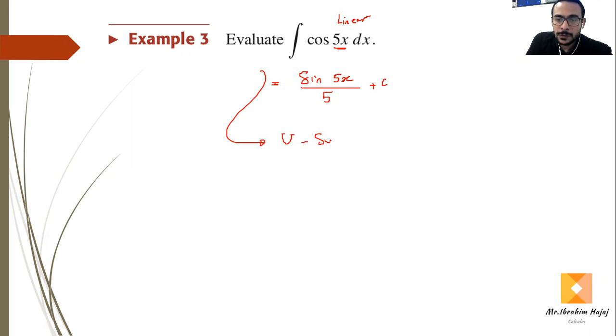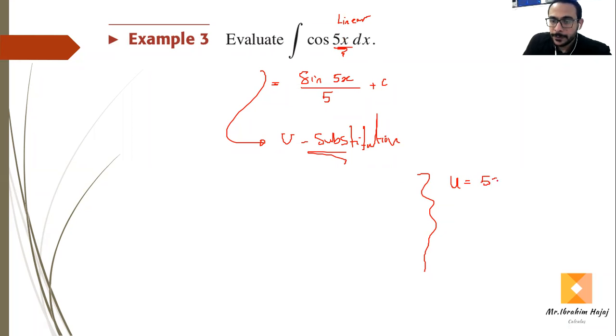We can use the u substitution method, which is what? Letting what, Walid? Letting u equal 5x. The derivative is 5, du over dx is 5, so du equals 5 dx.